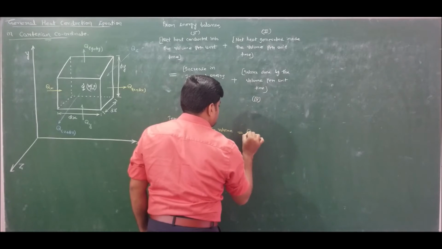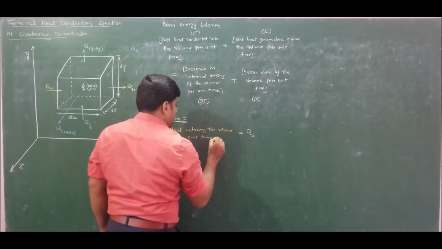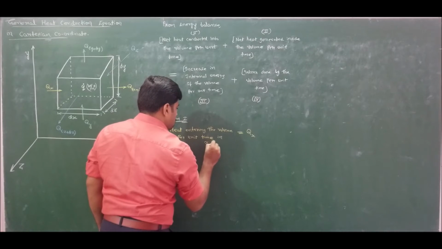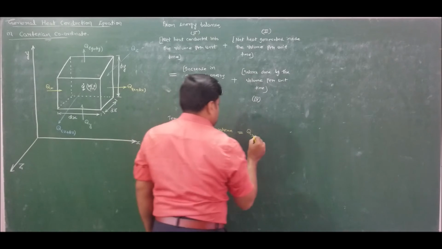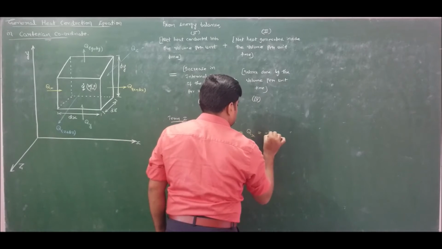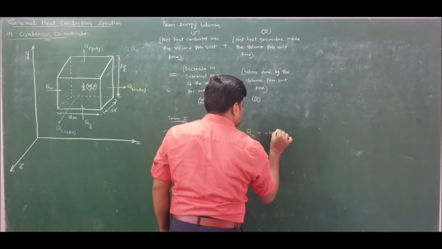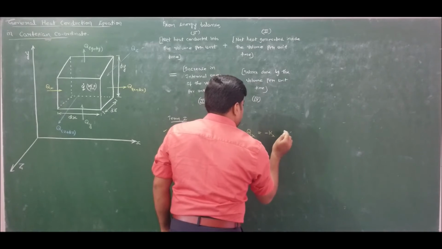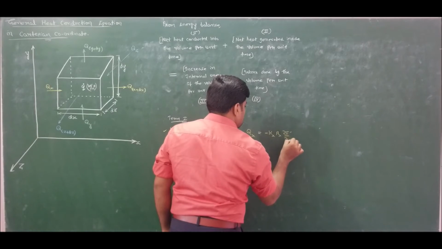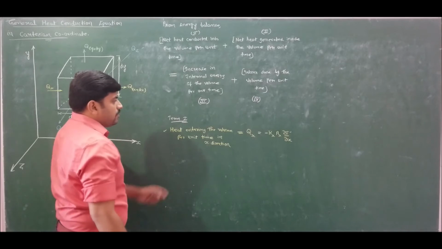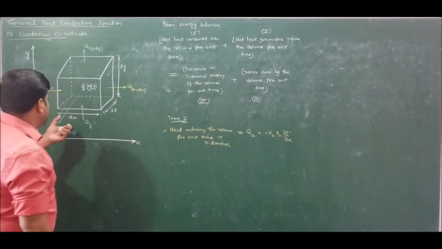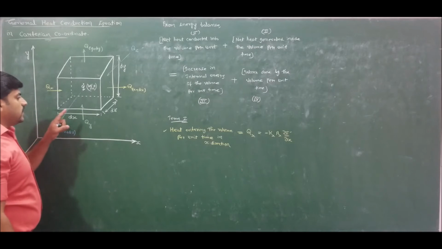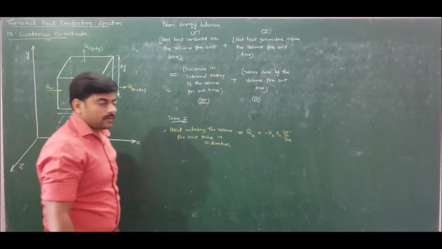So I can write Qx in the x direction as minus Kx times area along x direction times dou T by dou x. I am using partial derivatives because temperature is a function of space, that is spatial coordinates x, y and z, and also a function of time.